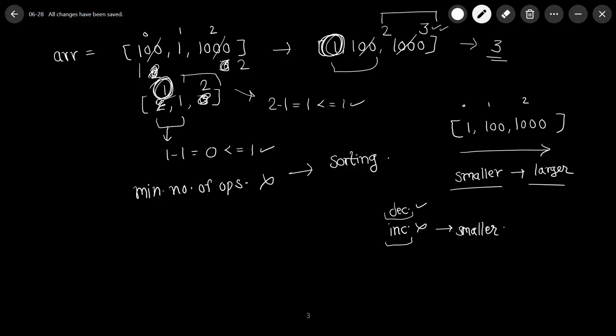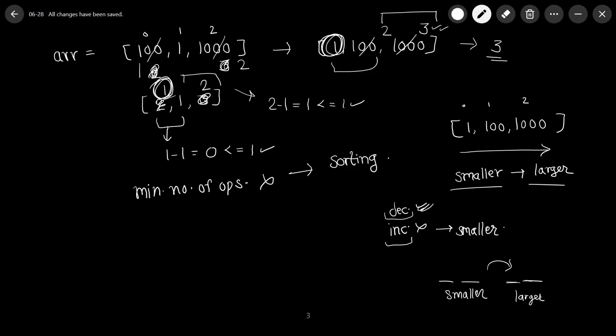So they need to be dealt with first. That's why we deal with the smaller numbers first and place them prior to the larger numbers, because larger numbers can be dealt with at a later stage by performing the decrement operation. So this was the reason for sorting.